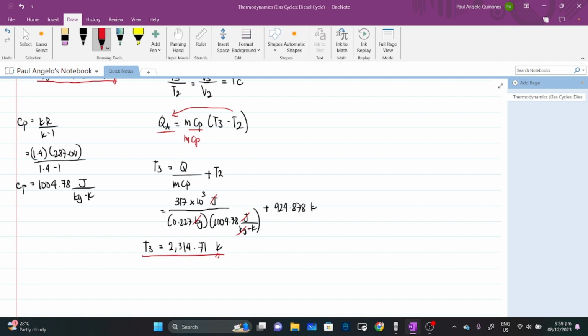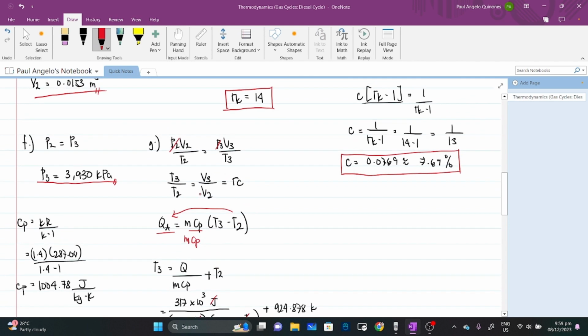So next, we've concluded here that we can solve for the cutoff ratio by dividing T3 over T2 as well.